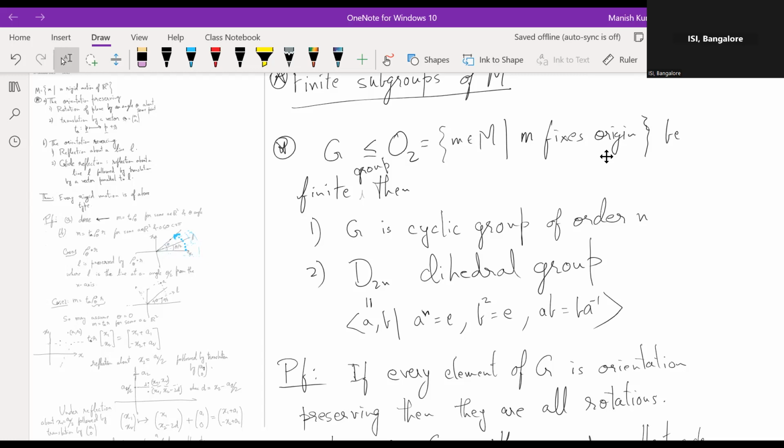It has an element of order n, an element of order 2, and it's not a commutative group: there is a relation that AB is not BA but BA inverse. This is called the representation of the dihedral group. It has exactly 2n elements.